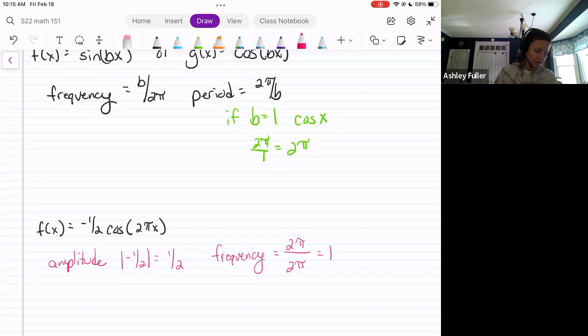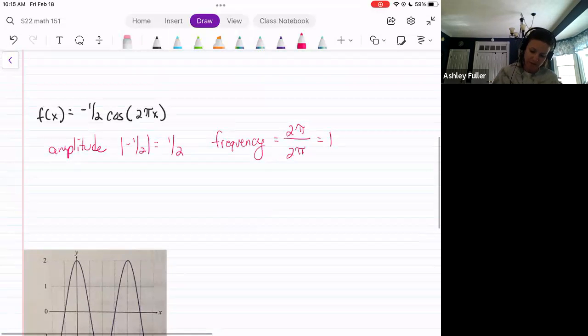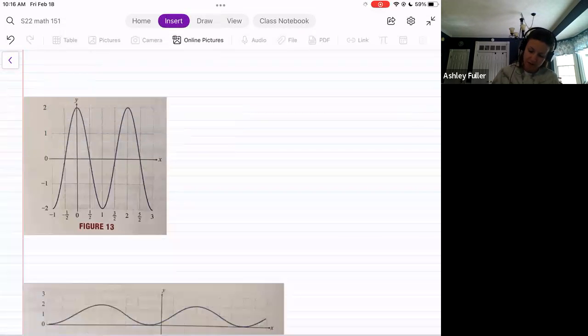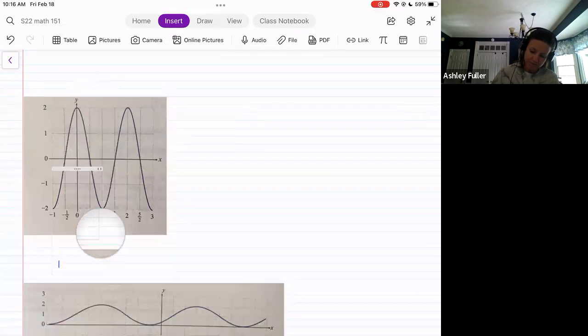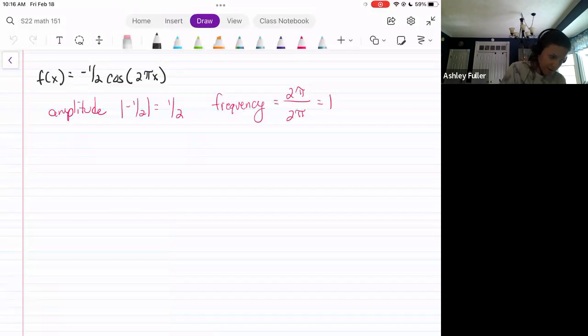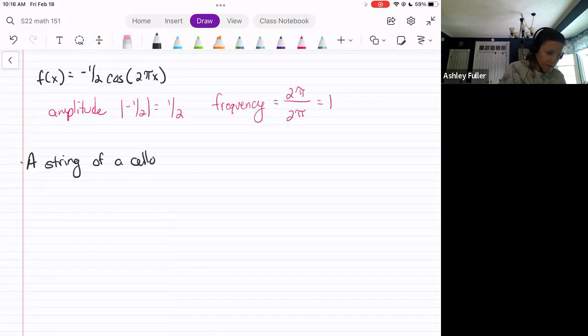One of the places this may come into play for an application is, consider perhaps a cello. We know that the strings of a cello are tuned to certain values. And so if we look at something like the A string of a cello, it has a frequency of 220 hertz, and that just means cycles per second.